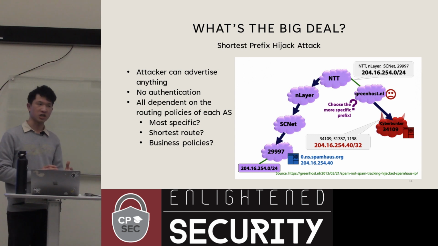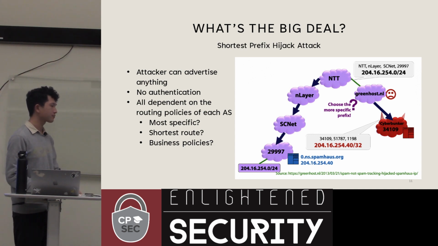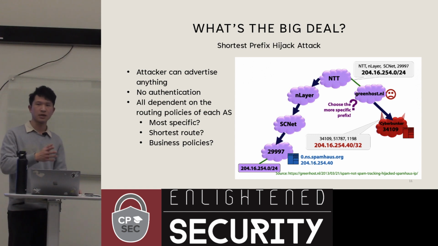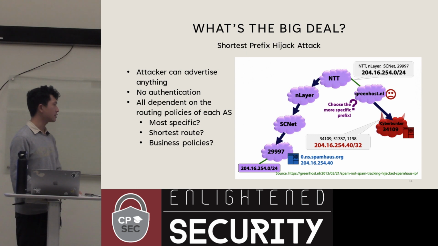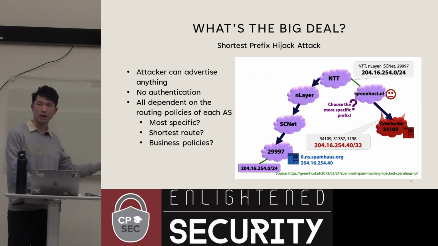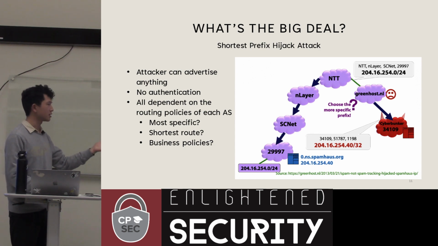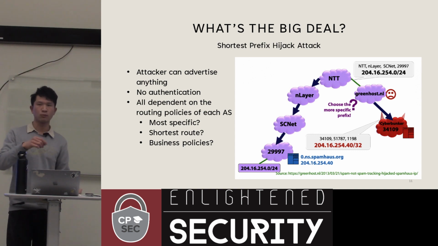Those are all very specific decisions that have to be made by each business organization, and this creates room for bad actors to slip in and wreak havoc. One such cyber attack is the shortest prefix hijack attack. If your organization is routing according to the most specific route, an attacker can create a false announcement saying, I have an even more specific announcement.